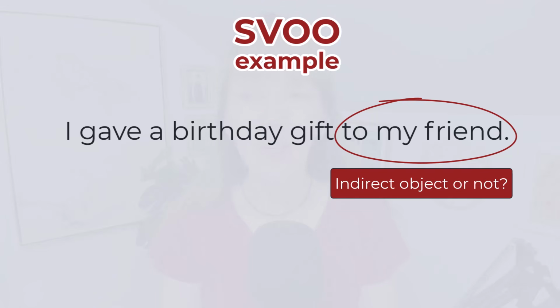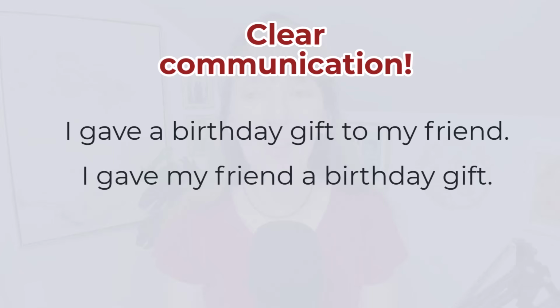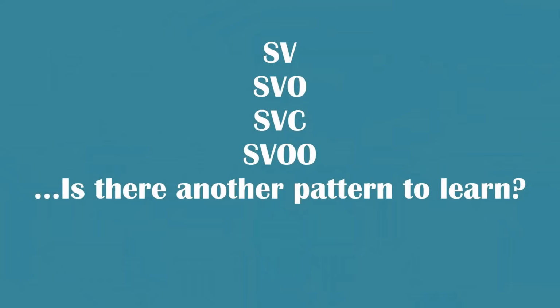You can still call it an indirect object or even an adverbial or possibly a complement. In the end, what's important? Clear communication, that's what's important. As long as you understand how the idea can be expressed 2 different ways, then you have 2 variations to choose from.